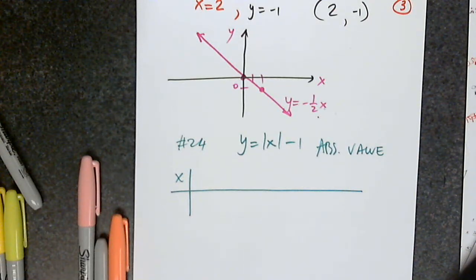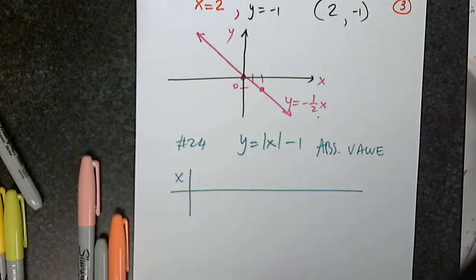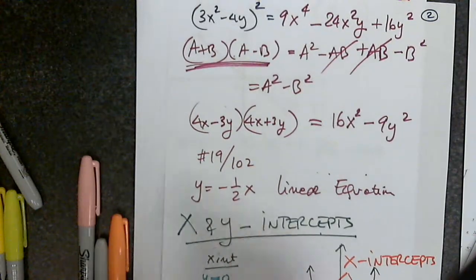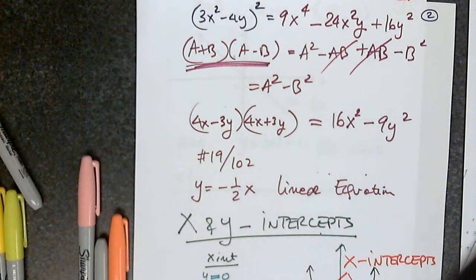The x values. The domain is the x values. So what can I plug in? What can I plug in to negative 1/2 x? That's a linear function. So what can I plug in? Can I plug in 5? 0. Right?